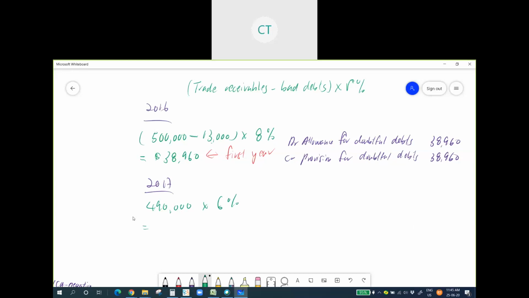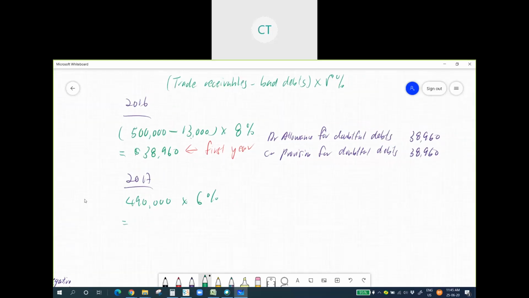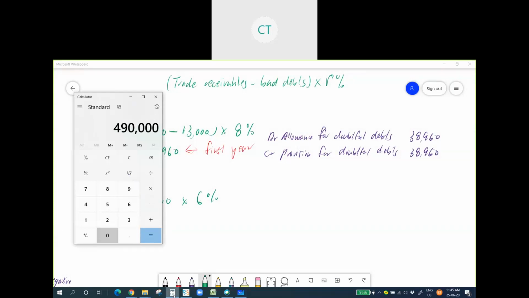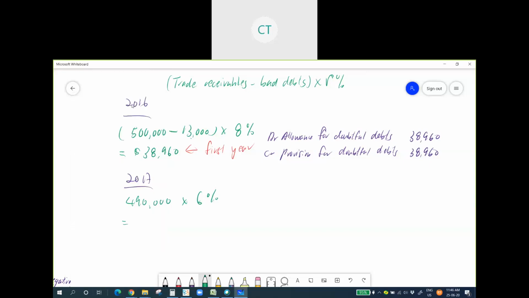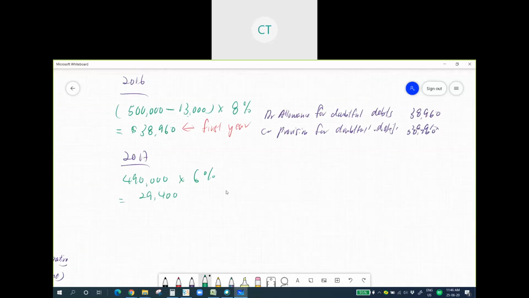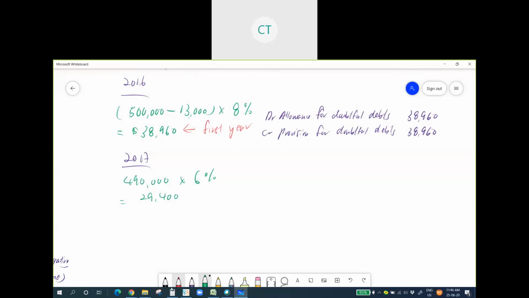What is the amount? 490,000 times 6%, 29,400. So this 29,400 is this year's provision for doubtful debts.